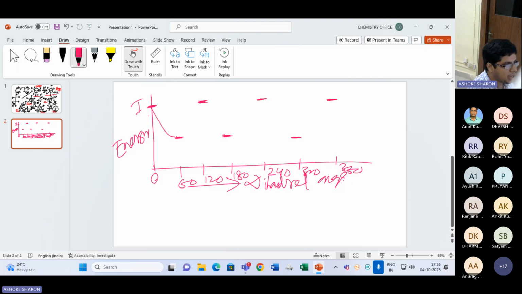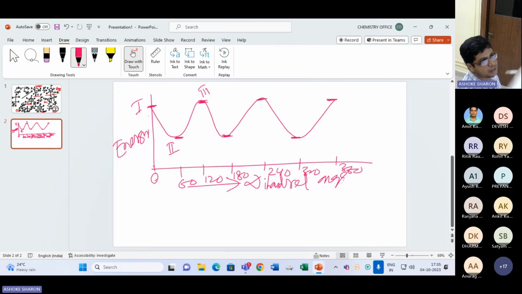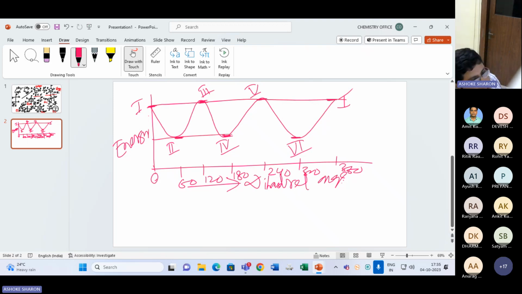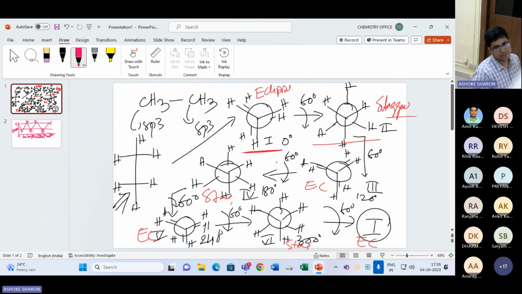So you can just add all the points you are getting here. This is 1, this is 2, this is 3, this is 4, this is 5, this is 6, this is 1 again. Clear? So that means you are getting 2 different levels of energy, that you can see in the previous case also.